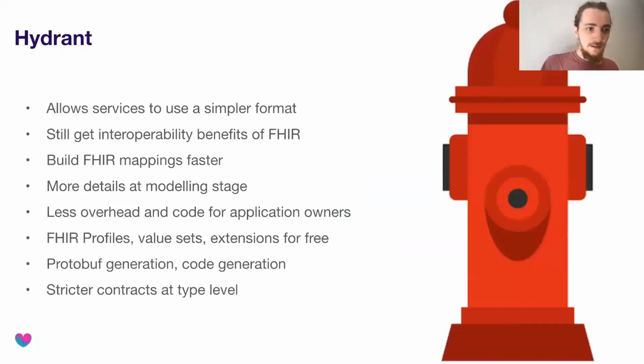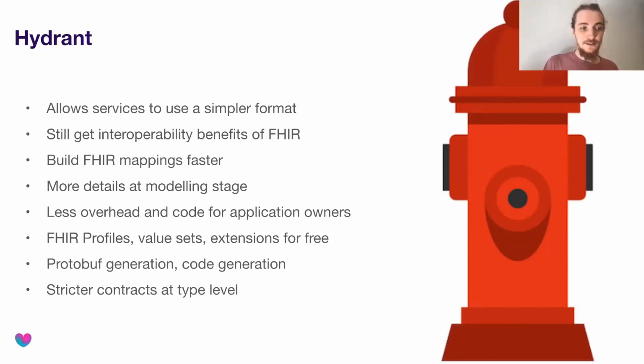So that's Hydrant, which allows our services to use a simpler format. We still get the interoperability benefits of FHIR. We can build our FHIR mappings faster. We do more of that at the modeling stage up front, meaning far less overhead and code for application owners.